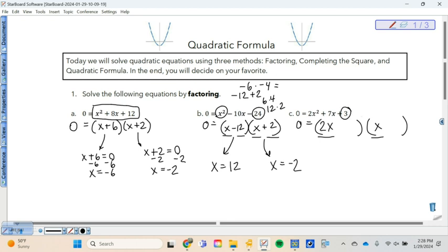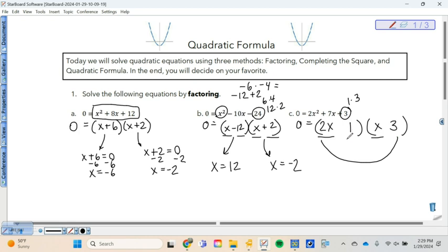And then what about my last number? How do I multiply together to get to 3? Yeah, 1 times 3. But am I going to do 1 and 3 or 3 and 1? How do we know which way to go? And why do we want that to happen?